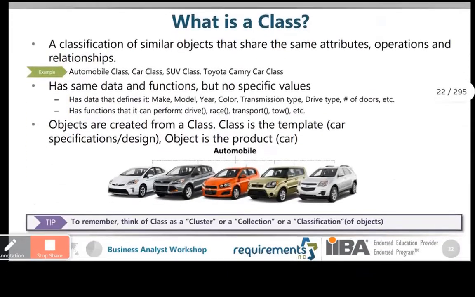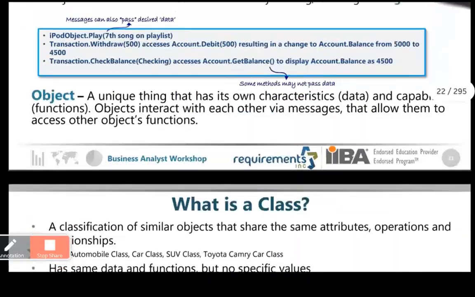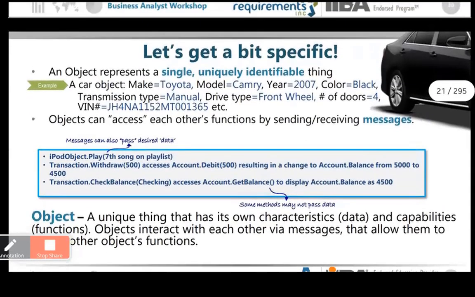Now let's get to a class. A classification of similar objects that share the same attributes, operations, and relationships is called a class. What does that mean? I can come up with an automobile class, which means anything that is a vehicle, anything that moves. A car class, SUV class, Toyota Camry car class. In the previous example, we spoke about a specific Toyota Camry because there's a VIN number.